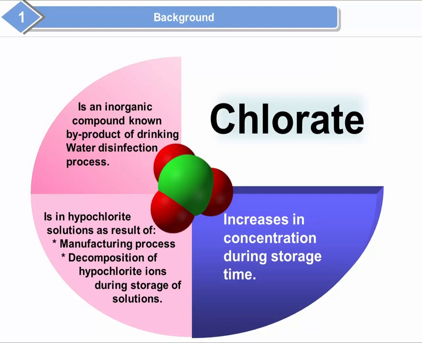The chlorate ion is present in hypochlorite solutions as a result of the manufacturing process and the decomposition of the hypochlorite ions during storage of the solution. Chlorate increases in concentration during storage as a function of time, temperature, and other chemical factors.